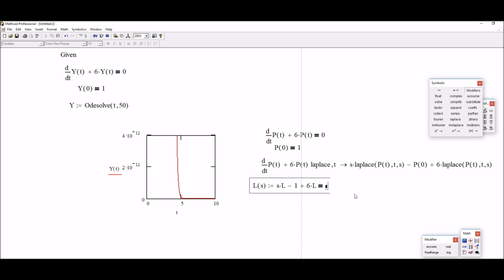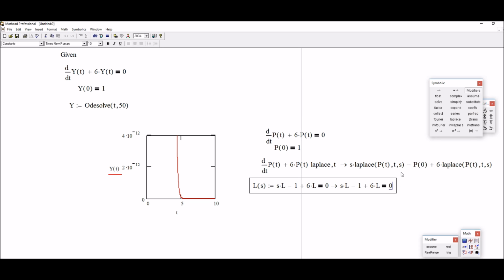Now this one equals 0, Control 0, and I will solve it for L. So I will again use the solve command from the symbolic toolbar. Sorry, not factor. My mistake, it should be solve.